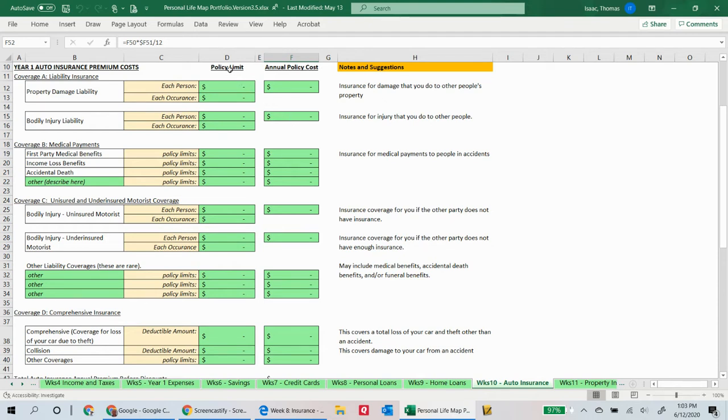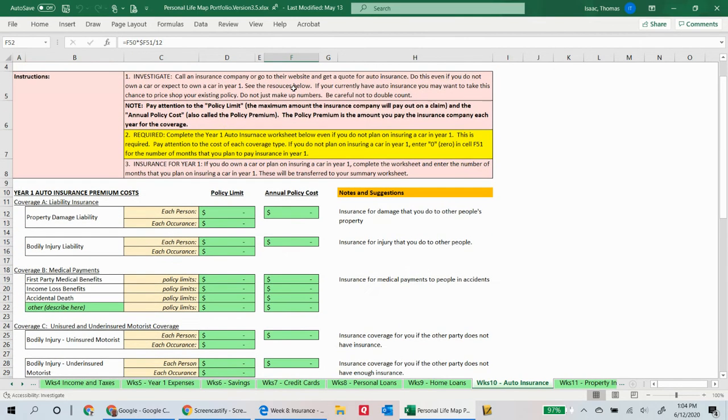The policy limit is the maximum amount of money that the insurance company will pay out on a claim if you've had an accident or loss. The annual policy cost is how much money you pay to the insurance company for that coverage. So make sure that you understand the difference between those two things.